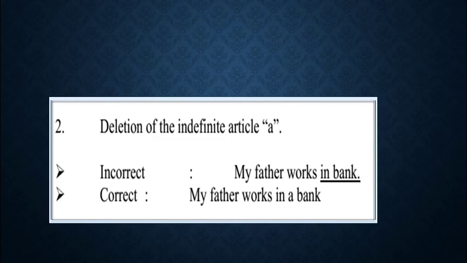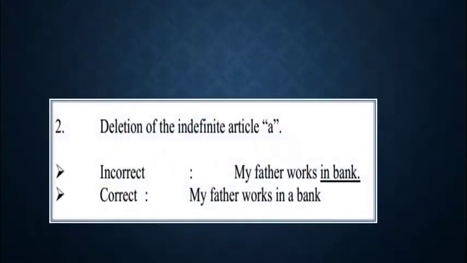So here, for example, we have "my father works in bank," and of course you know that this is incorrect because it should be "in a bank," not "in bank," right? And again, what happened here is that the Arabic version of this sentence should be أبي يعمل في بنك, right? We just don't use any article.